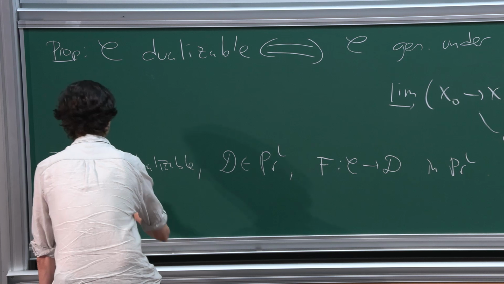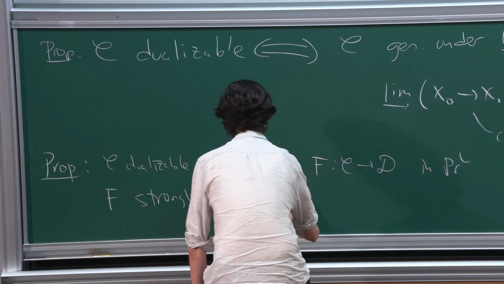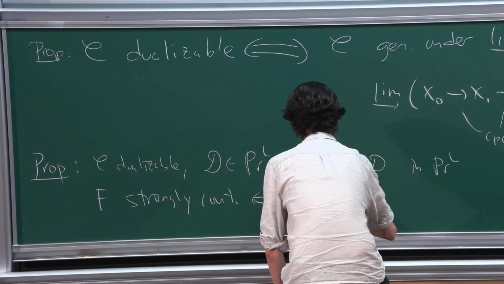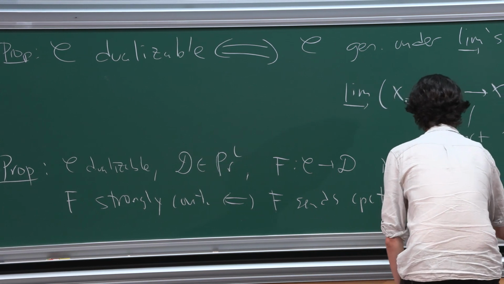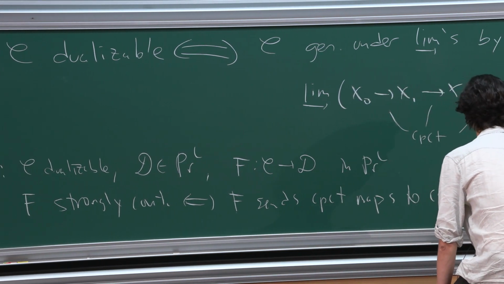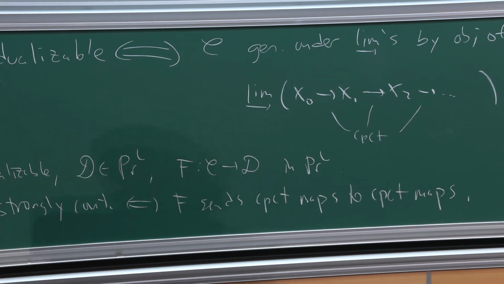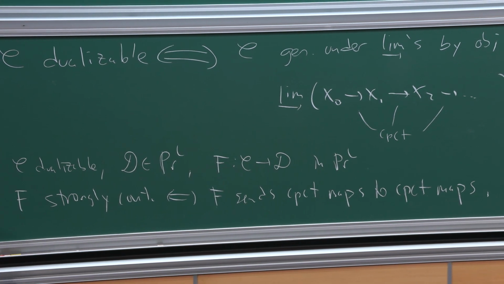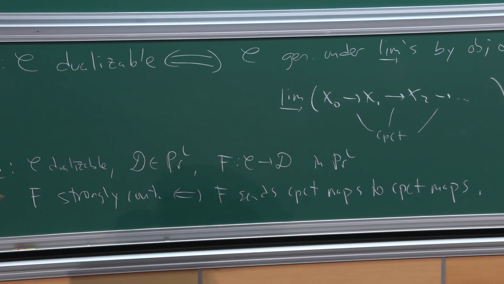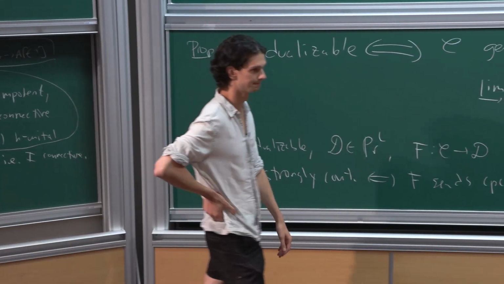Then F is strongly continuous if and only if F sends compact maps to compact maps. It's just like how a functor between compactly generated categories is strongly continuous if and only if it sends compact objects to compact objects. It's the same story, you just use compact maps instead.